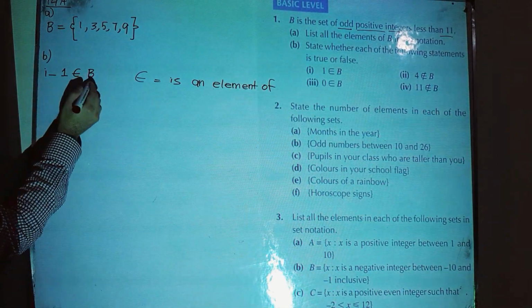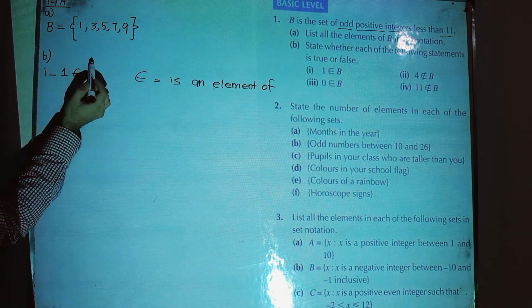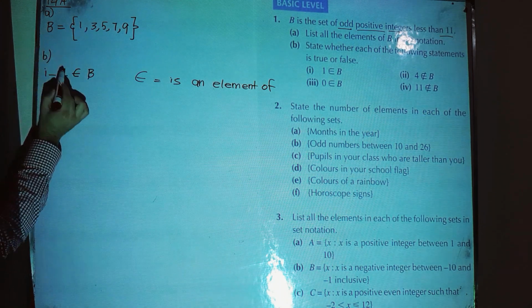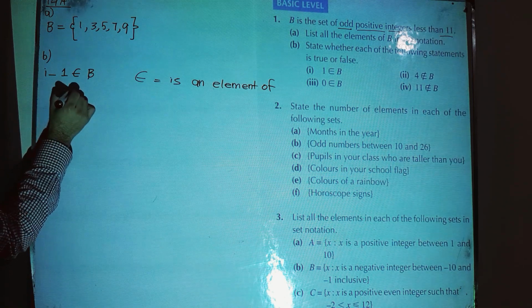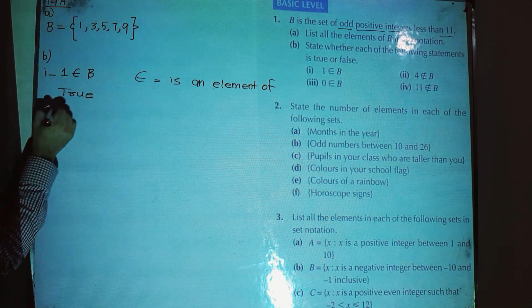Now 1 is an element of B. Yes, if you observe the set B, we have 1 inside B. So 1 is an element of B, so this is true.